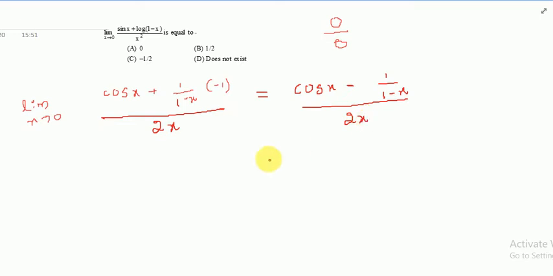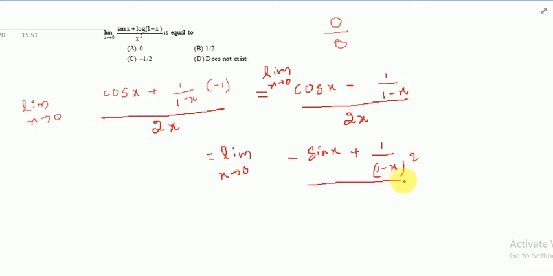Now again you need to differentiate this because in theory itself I said you need to apply this until it is free from 0 by 0. Again it is 0 by 0. Therefore, limit of x tends to 0 as it is. Derivative of cos x will be minus sin x, and the derivative of 1 divided by 1 minus x will be 1 divided by 1 minus x whole square into minus 1, minus of minus becomes plus, divided by 2.